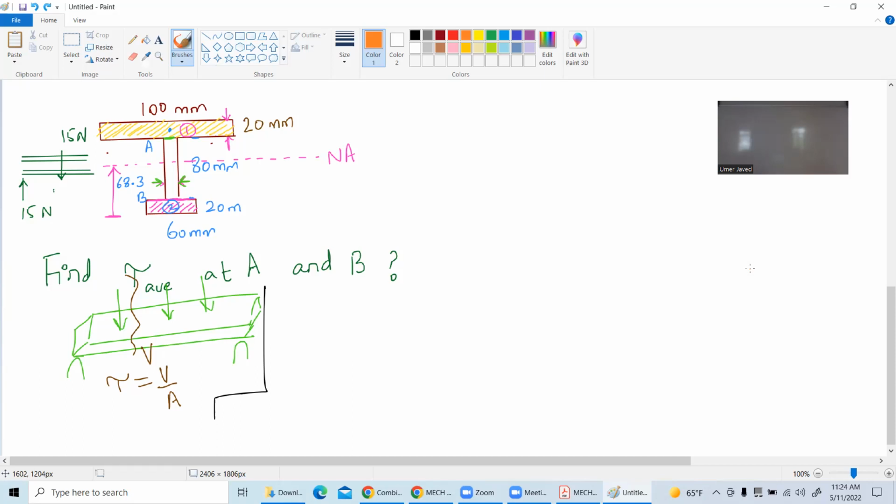Each layer has shearing. Just imagine that these are wooden fibers and I'm putting load over them. Each layer tends to skid, so this shearing is between their layers. When you put a load like this, you are subjecting the object to shear, but there is also a longitudinal shear in each layer, and each layer has a particular longitudinal shear, and we are trying to find it for each layer.